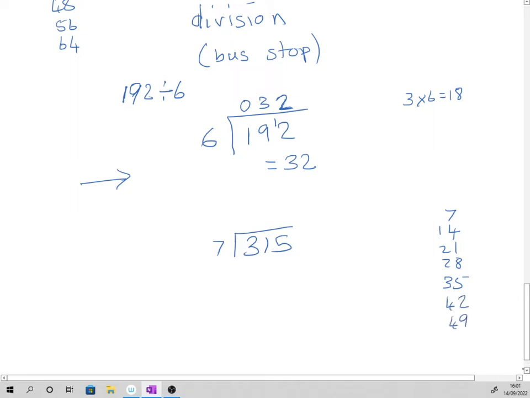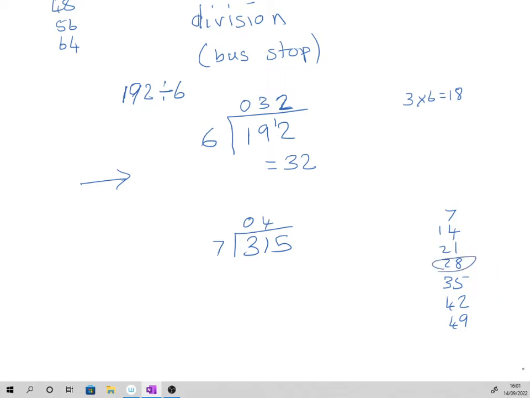That might be enough to get us going. So 7 into 3 doesn't go. 7 into 31 goes 1, 2, 3, 4. 4 sevens are 28. We've got 3 left over, because 31 take away 28 gives us 3. So we put 3 in there. And how many 7s go into 35? 1, 2, 3, 4, 5. So we put 5 there, and your answer is 45.